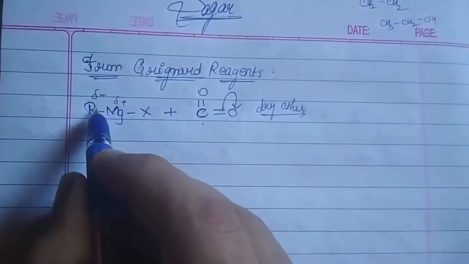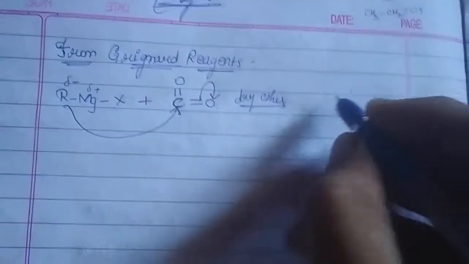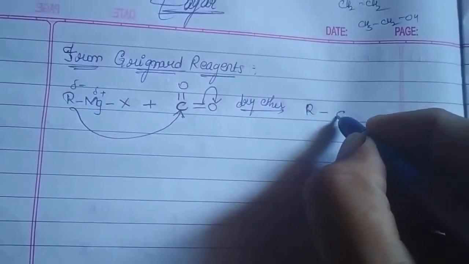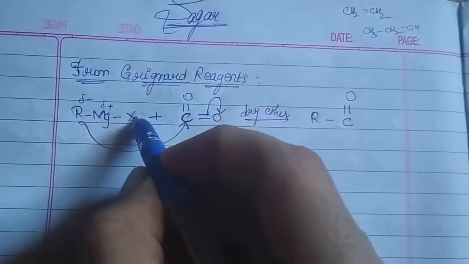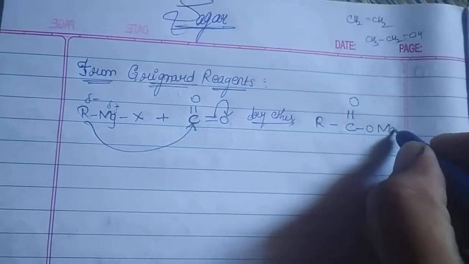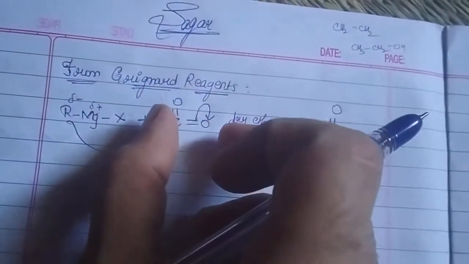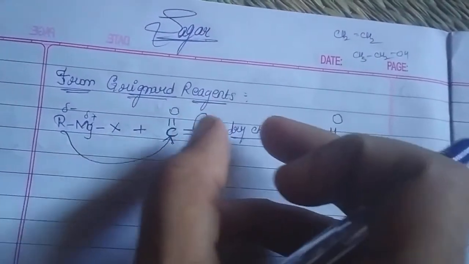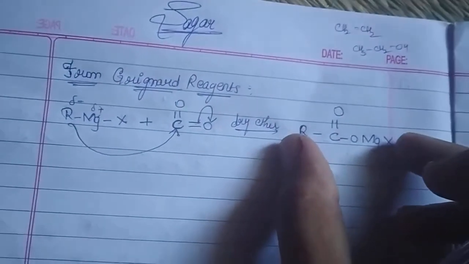So this part will be attracted over here, and you will be getting RC double bond O, with Mg plus here, that is RCOMgX. So when you treat a Grignard reagent with solid CO2, that is dry ice, in the presence of dry ether, first an addition product is obtained.